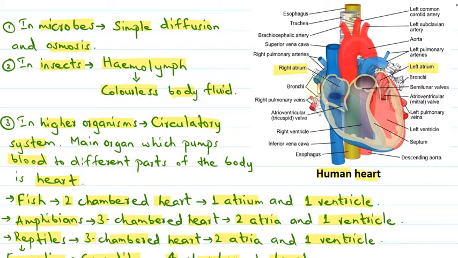So there are two atria, one is right, another is left. Then this is left ventricle and this is right ventricle. So there are two ventricles, one is right and one is left. Thus there are four chambers in our heart. That is, all the mammals have four-chambered heart consisting of two atria, one right, one left, and two ventricles, one right, one left.